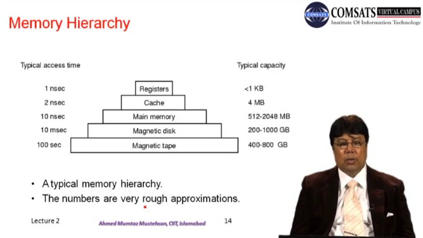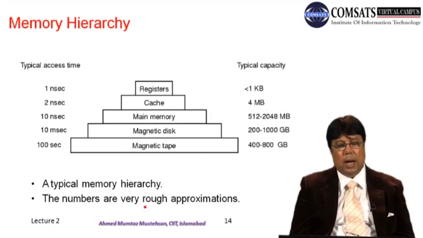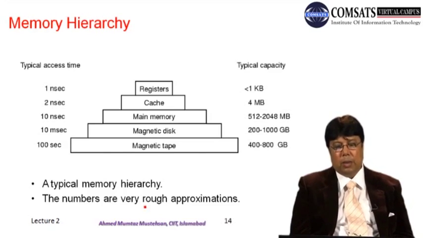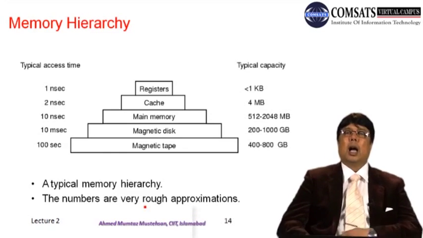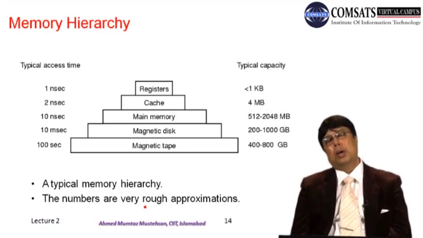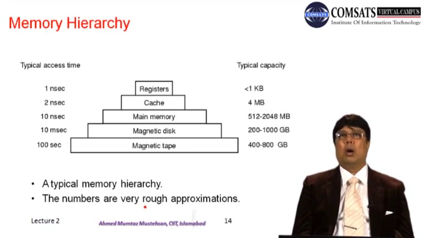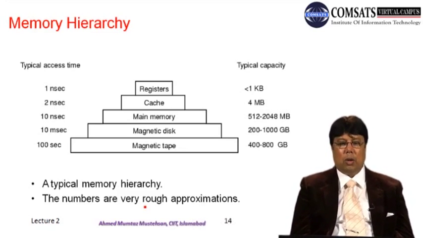Then much slower, many times slower than the memory, is the hard disk, because the hard disk comprises electromechanical components. It has a mechanical part and an electrical part, so hard disks are usually very slow, but have a larger size, multiple orders of the size of the main memory.